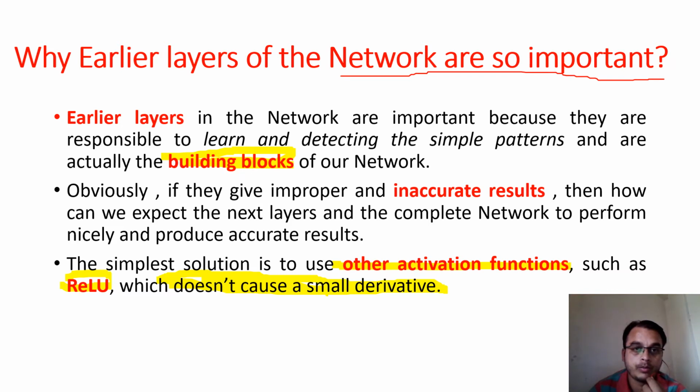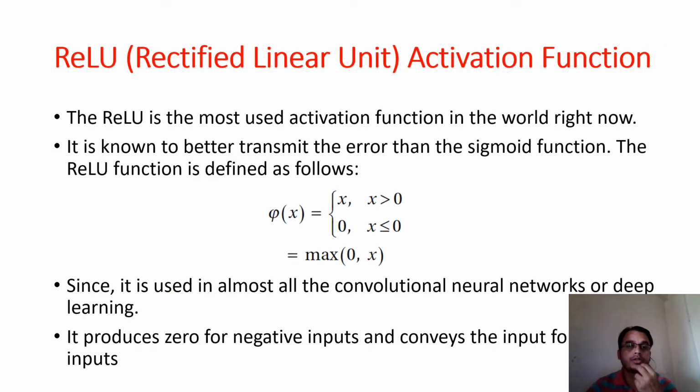Now, ReLU. What is ReLU? The rectified linear unit is used here as the most used activation function in the world right now. It is known to perform better than the sigmoid function, because it is a very straightforward function.